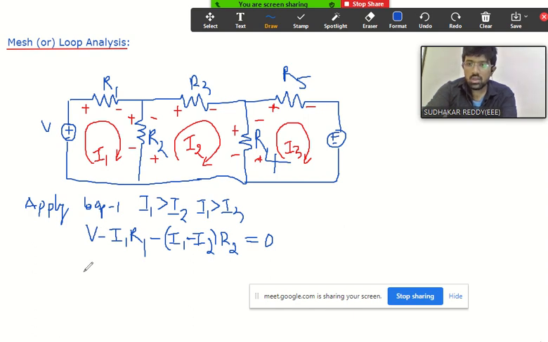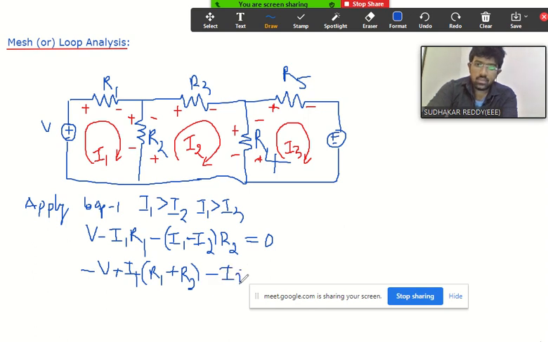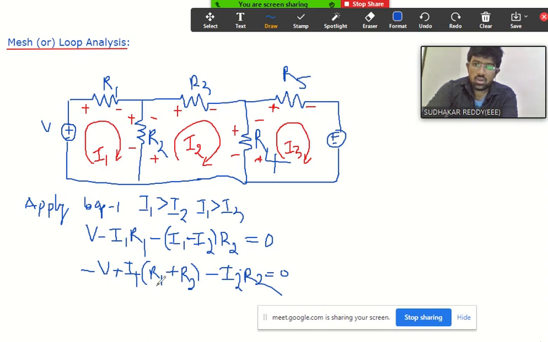If you multiply the complete equation with the negative, you get minus V plus I1 into R1 plus R2, minus I2 into R2 equals 0.